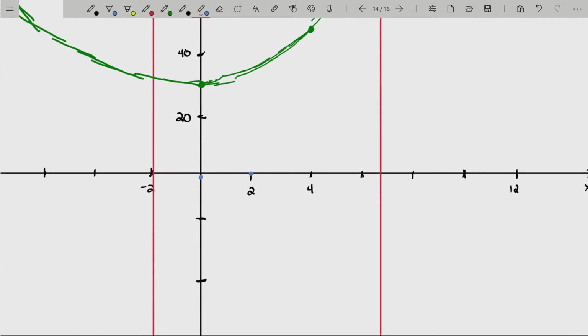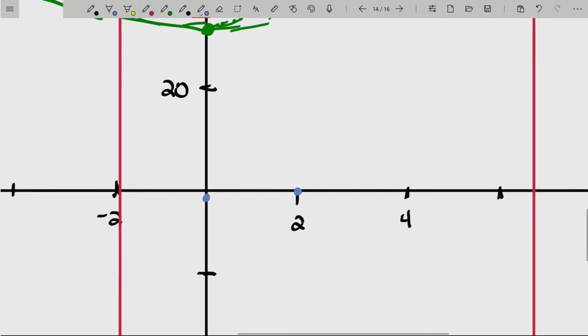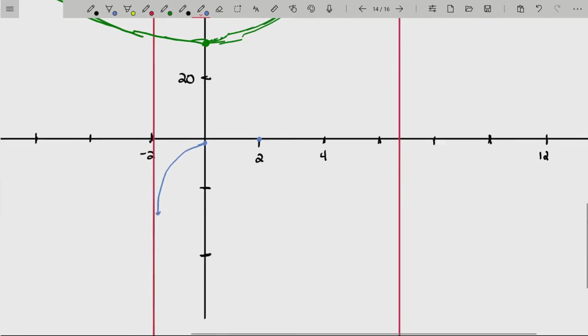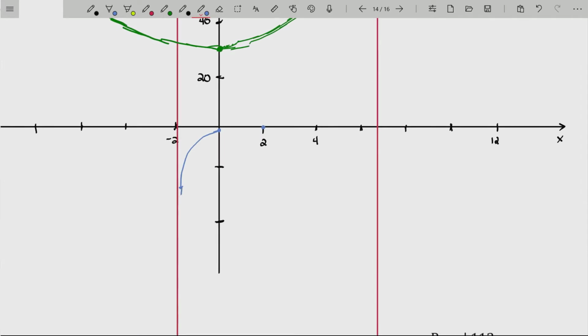All right, let's go to the left of the y-intercept. We know it's going to go down and want to hug this vertical asymptote. I'm not going to bother drawing it too far down. I'll draw it maybe this far.